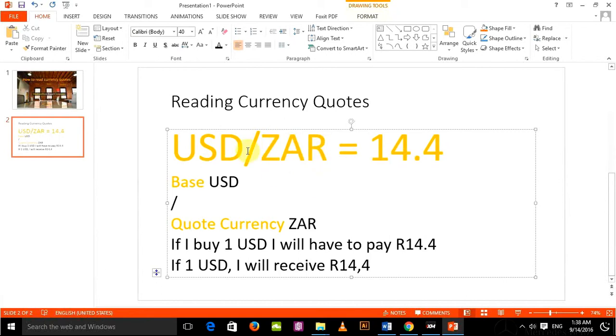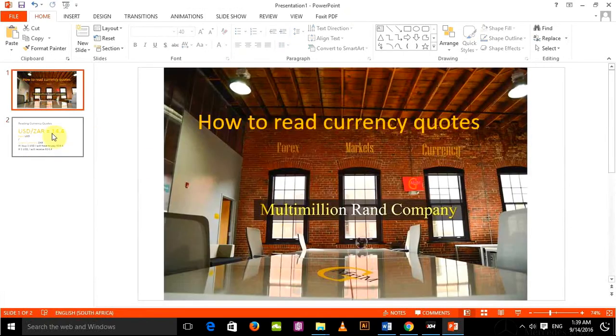If I'm selling the USD ZAR pair, I am selling 1 US dollar for the quote price in terms of the ZAR, which is going to be 14 rands 40 cents. So that is just a brief lesson for today, how to read currency codes.